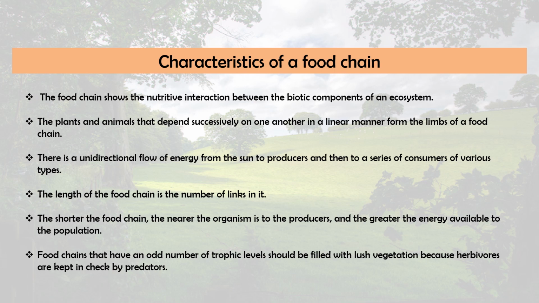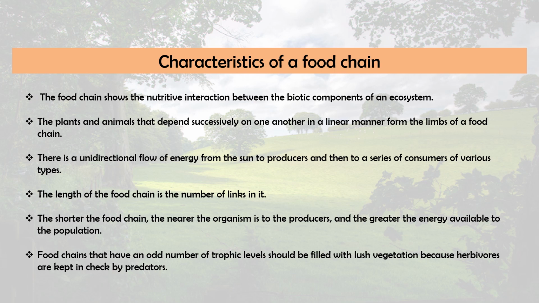The transfer of energy in a food chain takes place through a series of organisms that consume and are consumed. So the food chain shows the nutritive interaction between biotic components of an ecosystem, and the plants and animals which depend on one another in a linear manner form the limbs of a food chain, meaning the basic structure of the food chain.